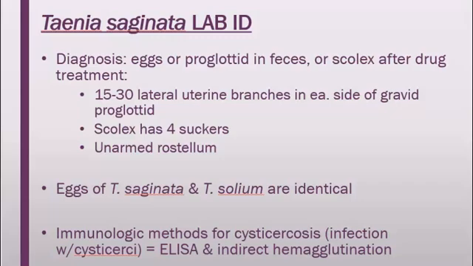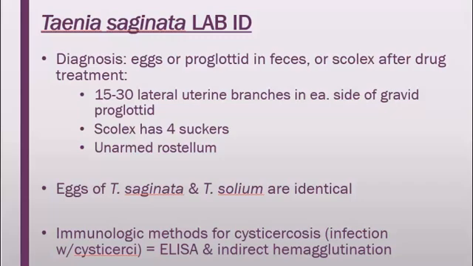In T. saginata, there's somewhere between 15 to 30 lateral uterine branches on each side of the gravid proglottid. The scolex has 4 suckers, and the rostellum is known as unarmed, so it doesn't have any hooks, and we'll see what that looks like here in just a minute.